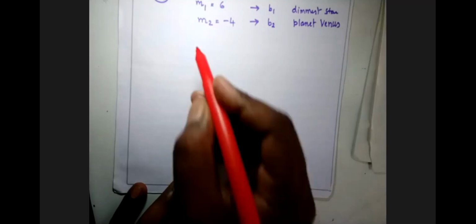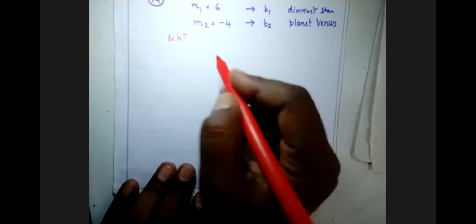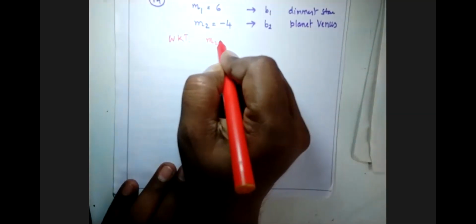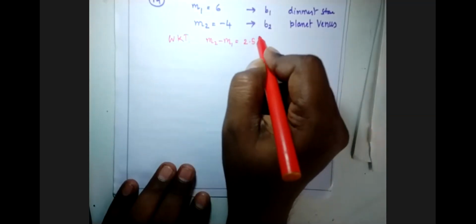So the formula is, you know that M2 minus M1 is equal to 2.5 log of B1 by B2.